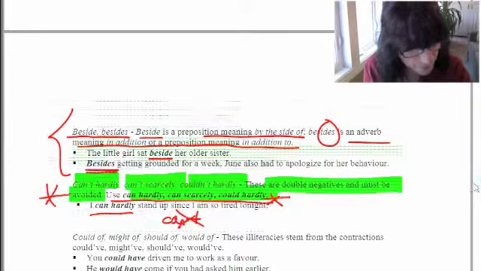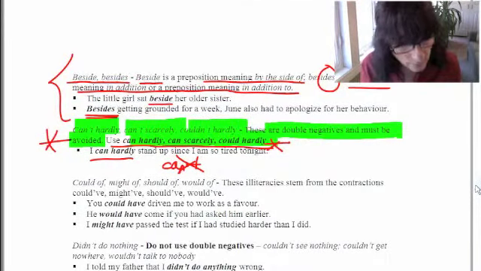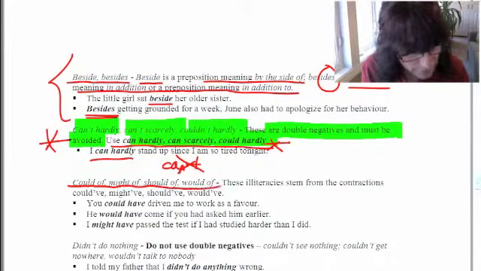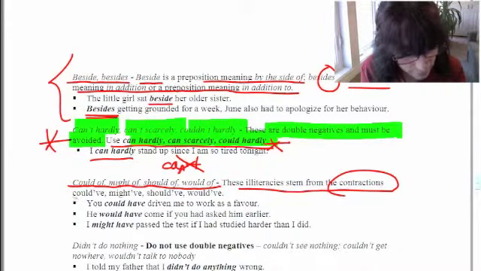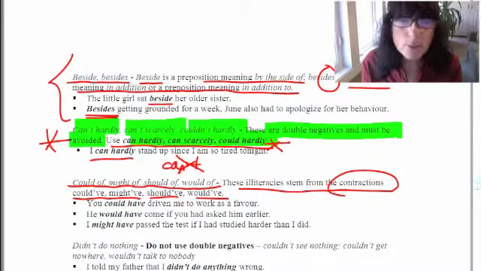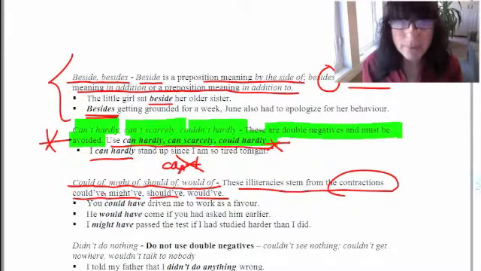Okay, another one. People speak this way, and also I have seen it in students' writing: could of, might of, should of, would of. These are illiteracies that stem from the contractions could've, might've, should've, and would've. So they sound like that, the contractions. So frequently they're written in this form, could and of, but they're wrong.